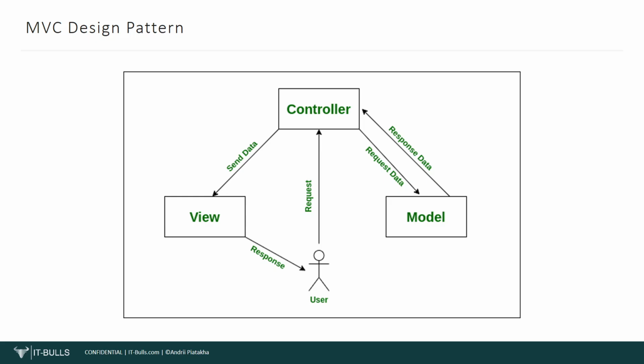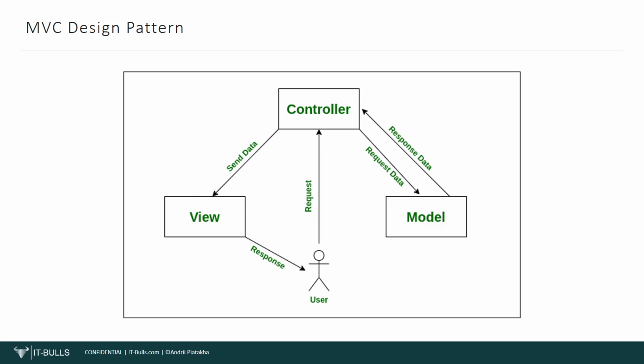Model. A model contains the data of the application. The model component corresponds to all the data-related logic that the user works with. This can represent either the data that is being transferred between the view and controller components or any other business logic-related data. A data can be a single object or a collection of objects.